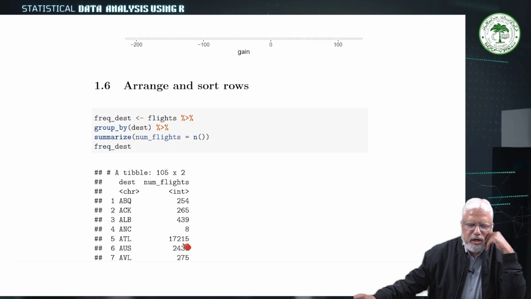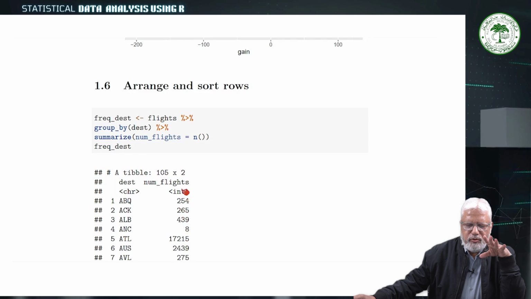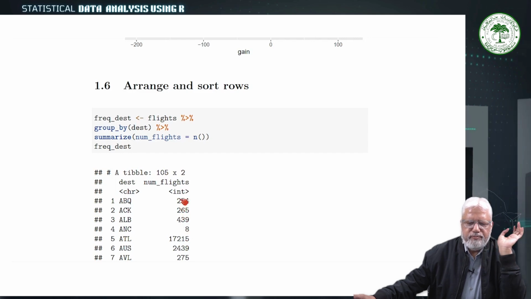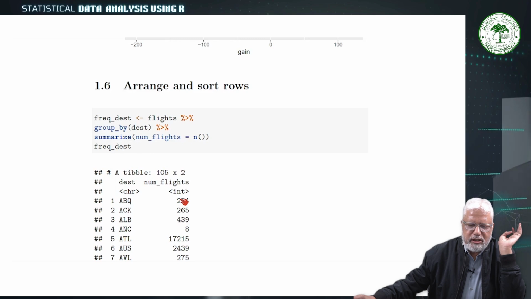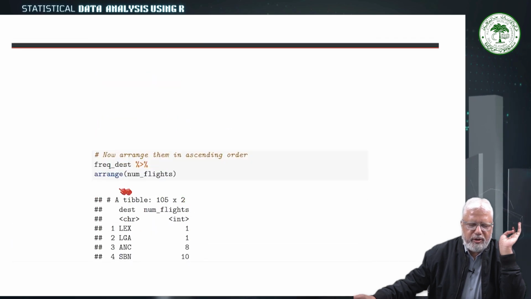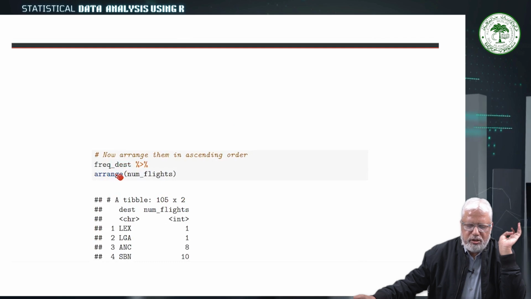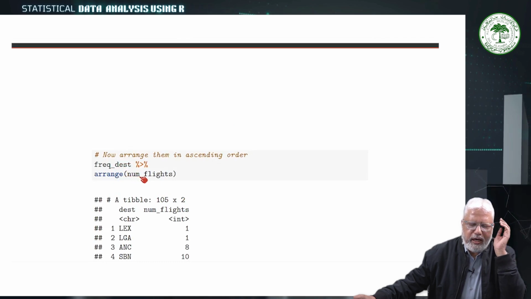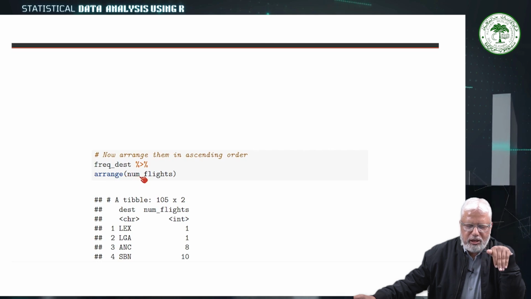Now we can arrange in terms of maximum or minimum, in increasing order or decreasing order. So for that we have to talk about arrange. The arrange function is for arranging the data in increasing order.